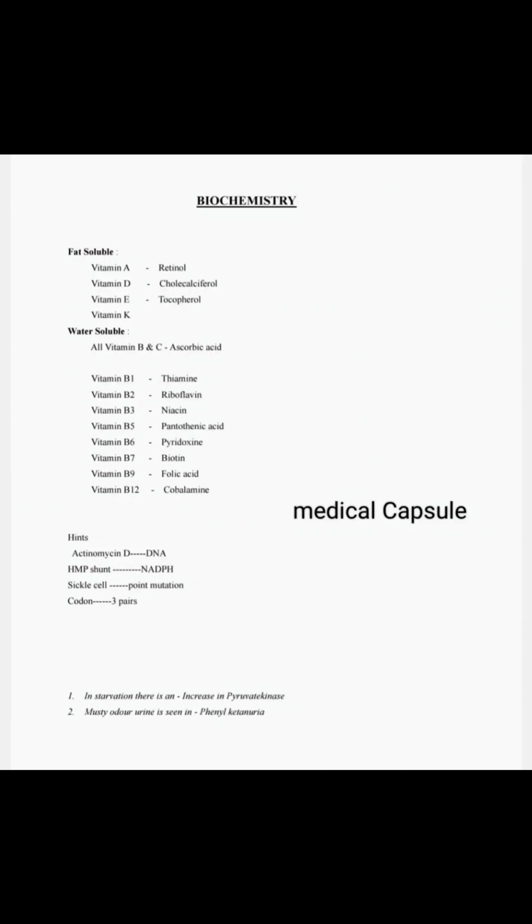B1 is called thiamine, B2 is called riboflavin, B3 is called niacin, B5 is called pantothenic acid, B6 pyridoxine, B7 biotin, B9 folic acid and B12 cobalamin. Examiners ask: pantothenic acid is also called? Your answer will be vitamin B5. These are the high yield points.